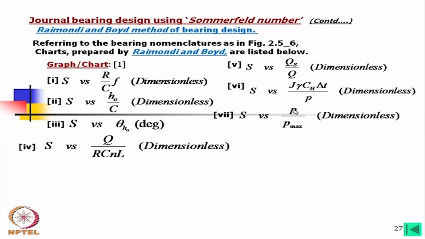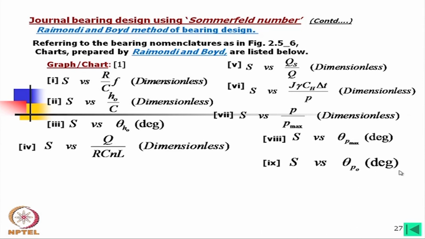Pressure P is the pressure on the projected area, load divided by the projected area of the bearing, that is L into D, and we can find the maximum pressure from that ratio. Then we find out at what angle this P max occurs.